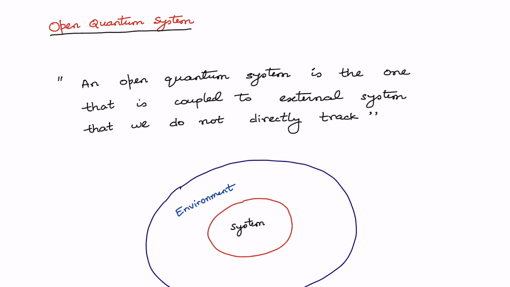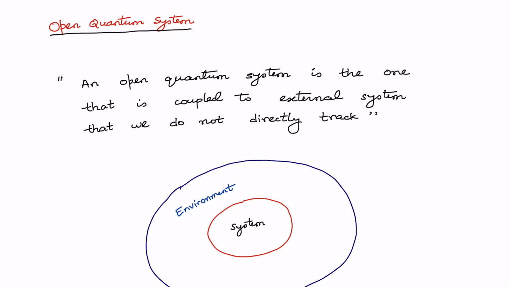An open quantum system is one that is coupled to an external system that we do not directly track. Now here in this diagram you see the system is there and it is surrounded by the environment. That means the system is interacting with the environment.